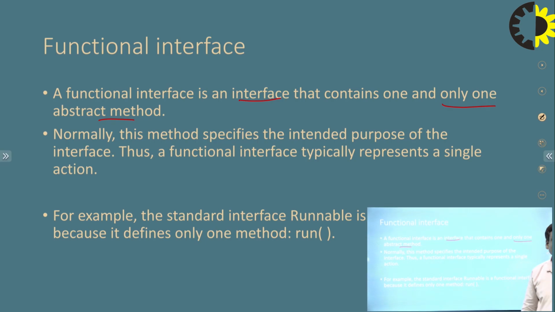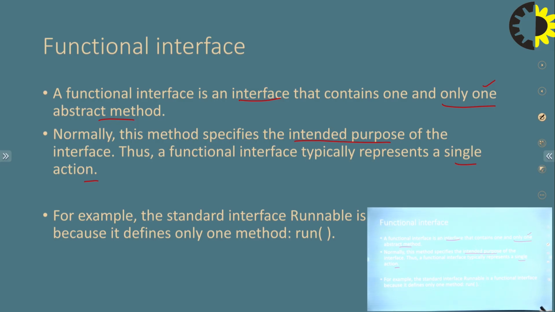So functional interface is an interface that consists of one method. This is the method for the intended purpose of the interface. So we call it a functional interface because it is for only one specific purpose. If you want to execute one action, then we make an abstract method for that action and put it in the functional interface.